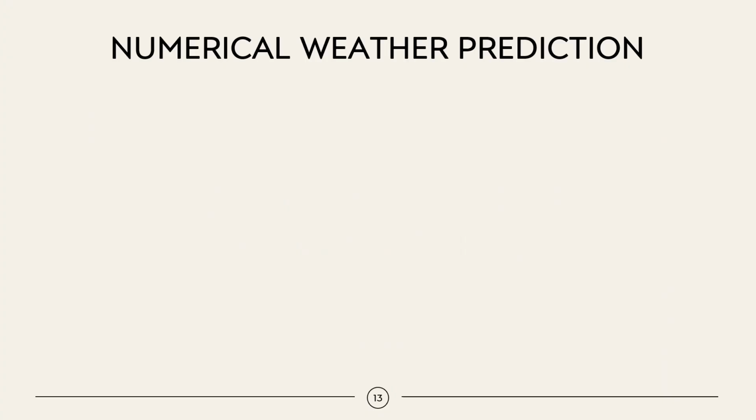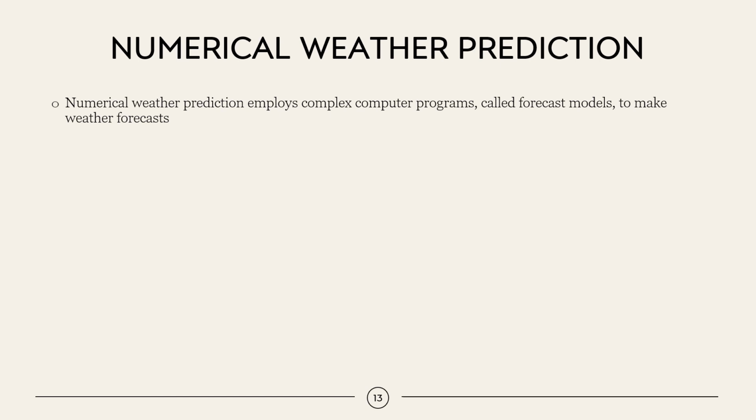When you say modern weather forecasting, that means numerical weather prediction, because numerical weather prediction is a technique that employs complex computer programs called forecast models to make weather forecasts.